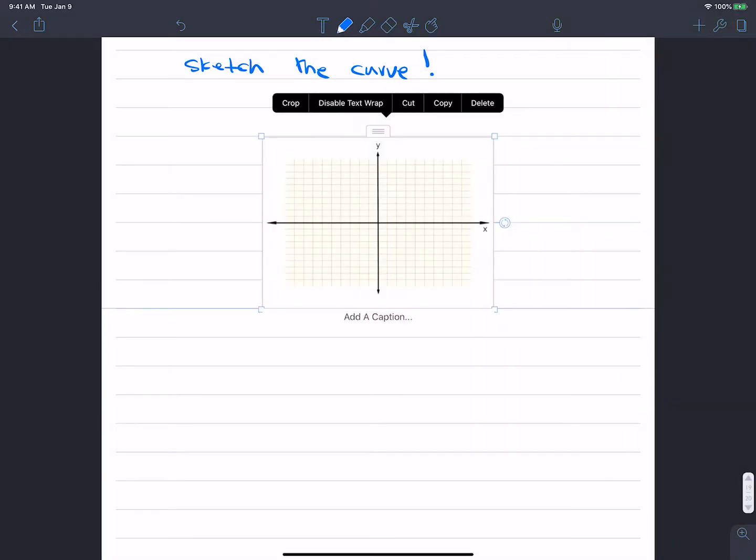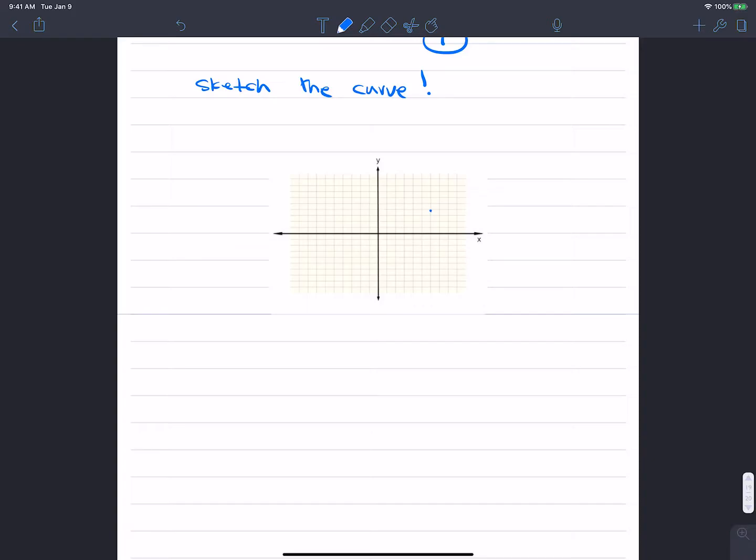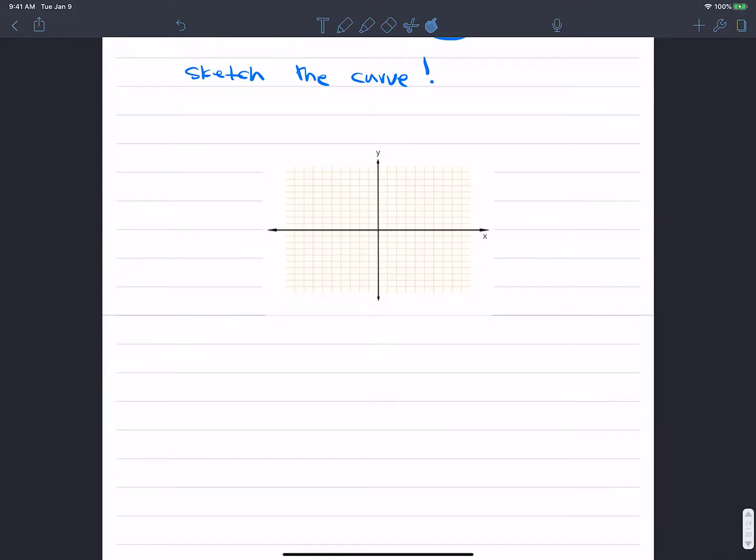We need our graph paper. Yeah, I have to resize this again.